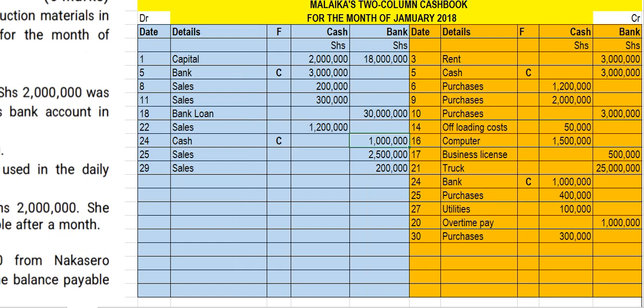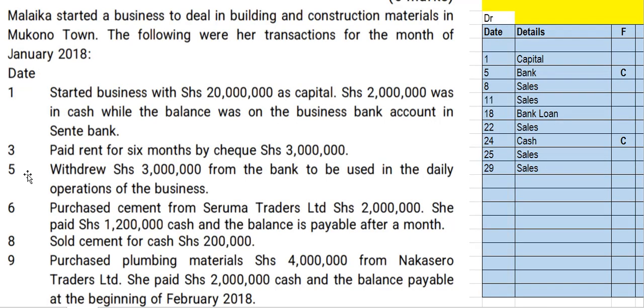Then on the next date, on 5th, withdrew shillings 3 million from the bank to be used in the daily operations of the business. Now, this is a contra. When it comes to a contra for cash book items, this is where both the debit and the credit entries are shown in the cash book.